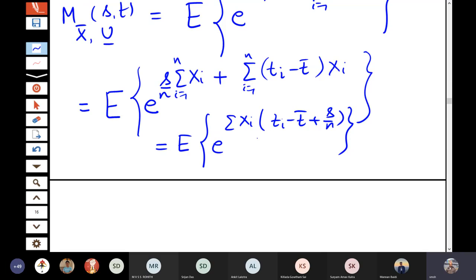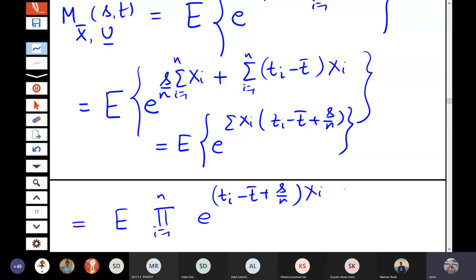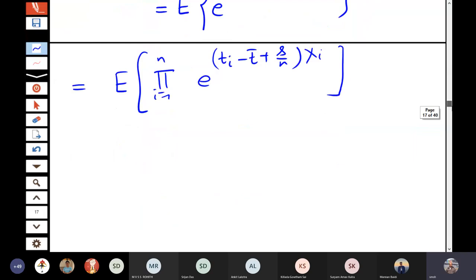And again you see it has the same structure, that is, the expectation of e to the power sigma xi. So I can write this as the expectation of the product, i equal to 1 to n, of e to the power (Ti minus T bar plus s by n) xi. The expectation of the product becomes the product of the expectations because the xi's are independently distributed.